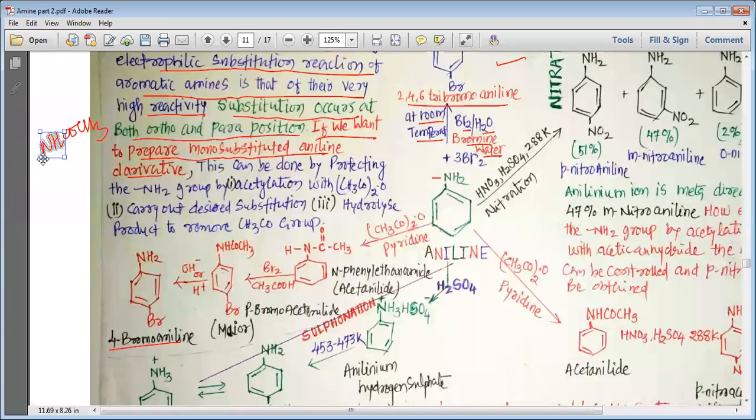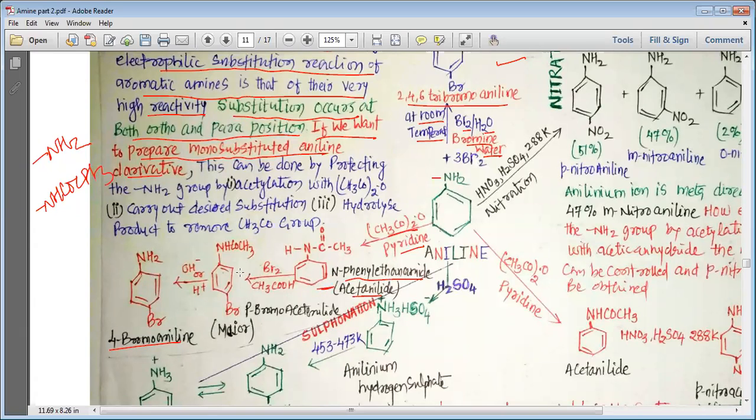So instead of the simple NH2 group, this NHCOCH3 group actually decreases the activity of the benzene ring for electrophilic substitution reactions. For that, aniline first has to react with acetic anhydride or any anhydride in the presence of pyridine, so that we can get N-phenylethanamide, which is known as acetanilide.